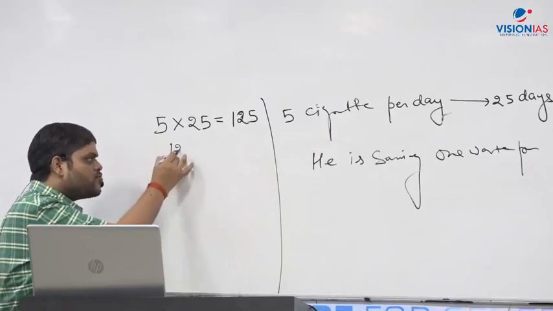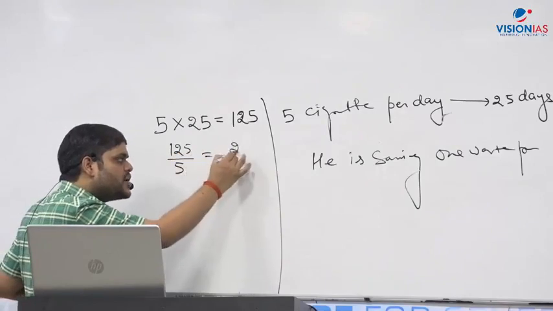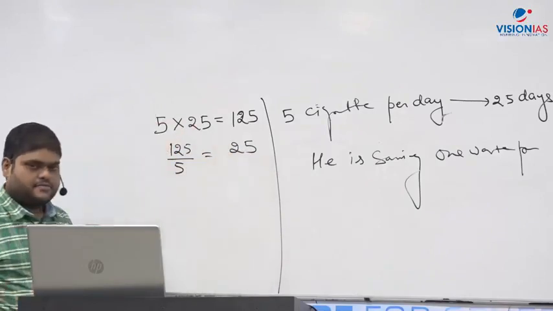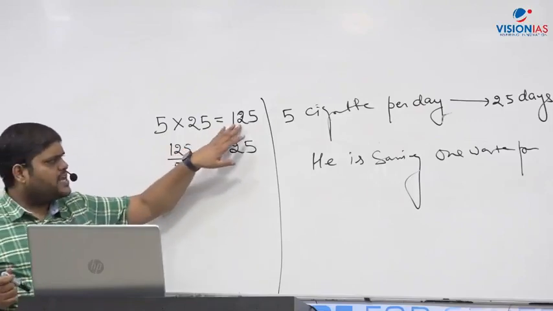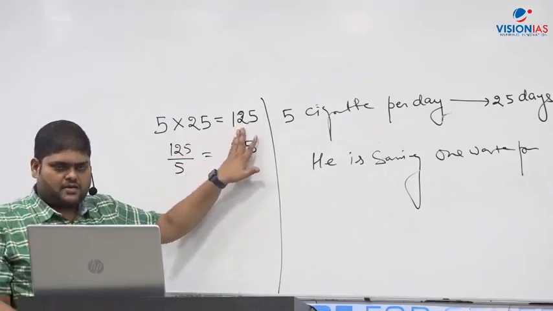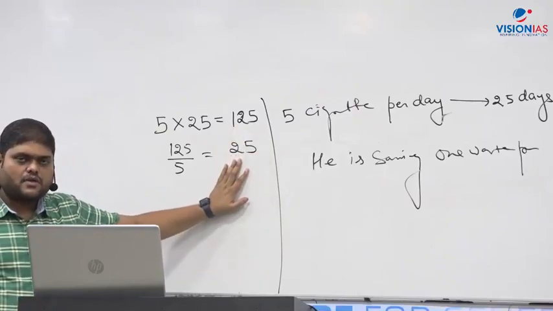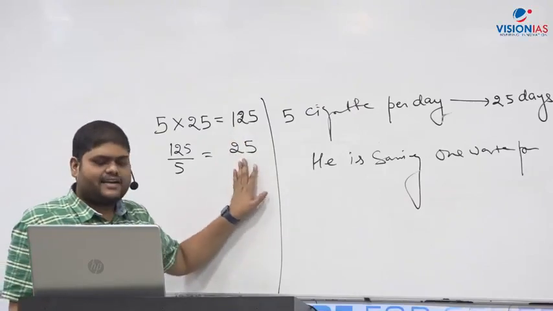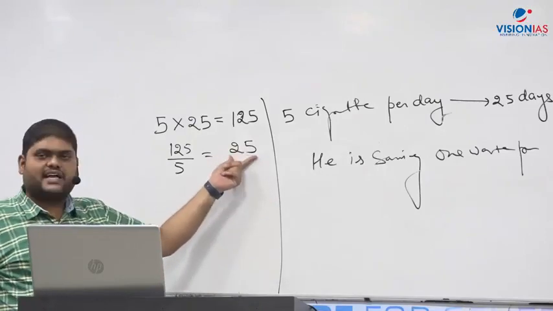And by these 125 waste parts, he will make 25 more cigarettes. 25 more cigarettes. 40% of students stop here, 70-80% of students stop here.